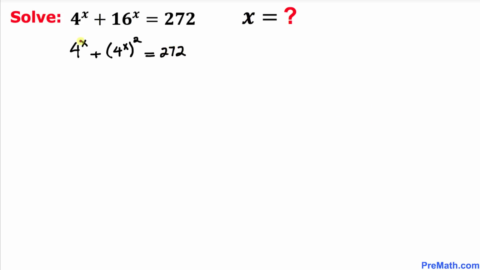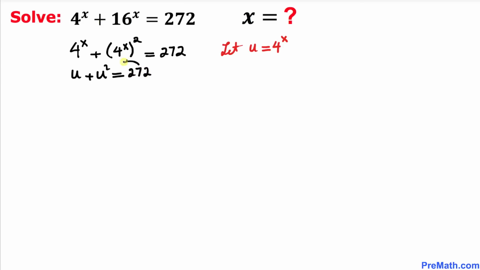272. And now let's focus on this 4 power x and this 4 power x as well. Let me go ahead and do the substitution. Let u equals 4 power x. Then this equation is going to become simply u plus u square equal to 272.